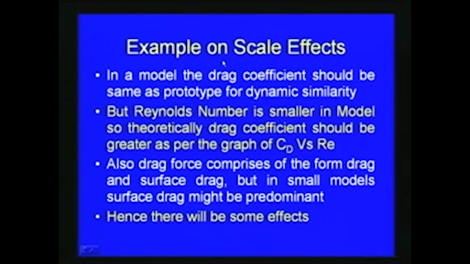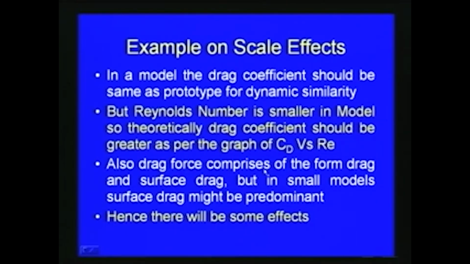As I mentioned, the scale effect is a major problem. Some examples of scale effect: in a model, the drag coefficient should be the same as the prototype if dynamic similarity is met, but the Reynolds number is smaller. If you draw a graph of CD, the coefficient of drag, versus the Reynolds number, you can see that the Reynolds number is smaller in the model, so the drag coefficient should theoretically be greater.